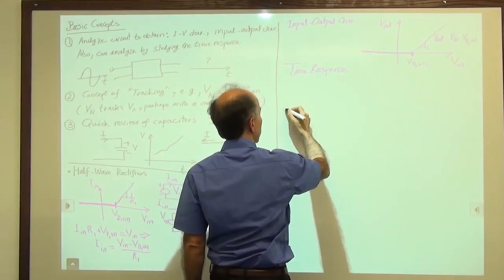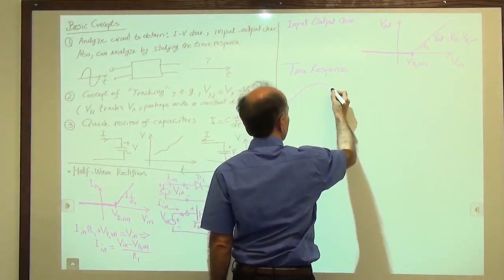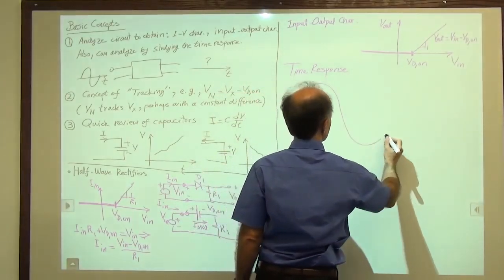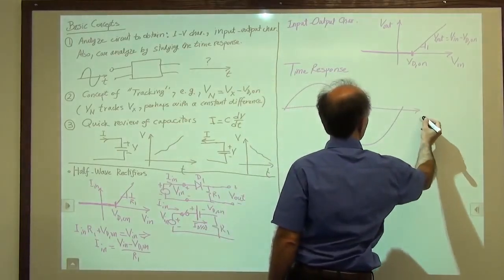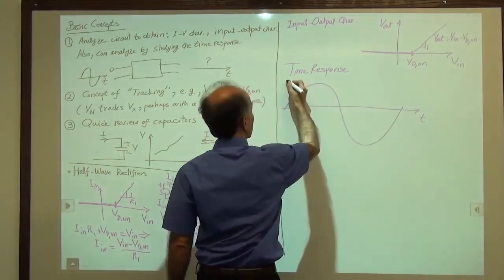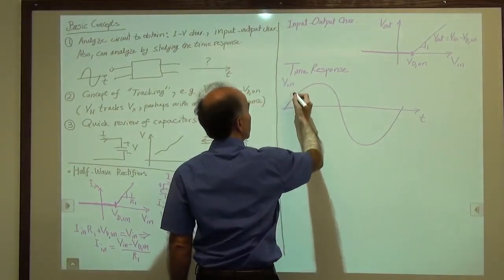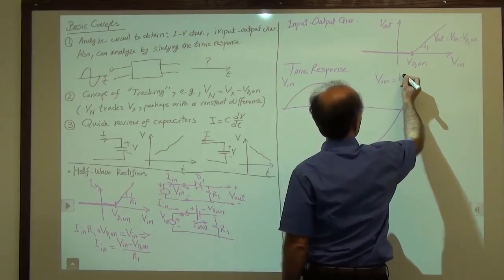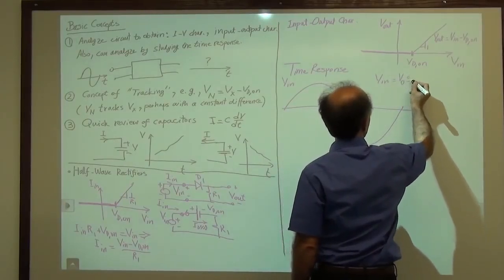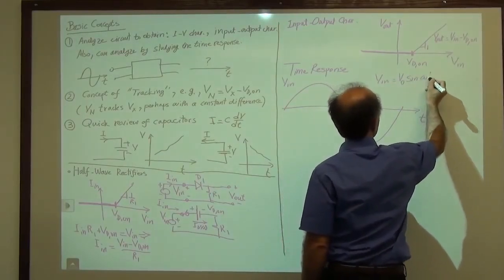So I will draw a big sinusoid here representing the input voltage as a function of time. So V in. And I will write V in is equal to V0 sine of omega t.